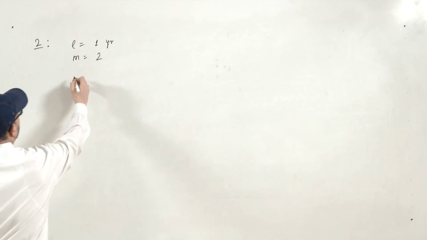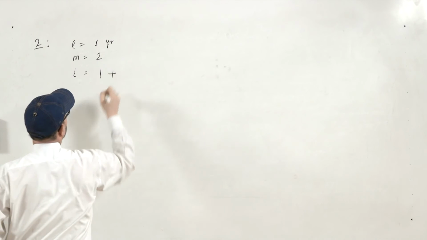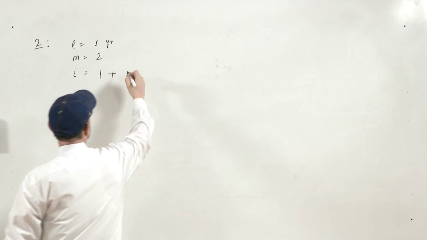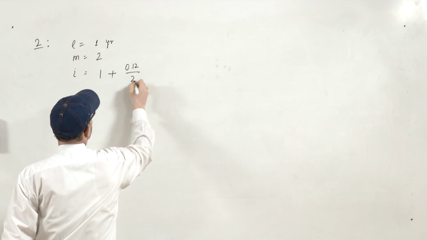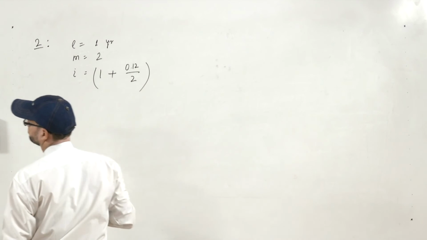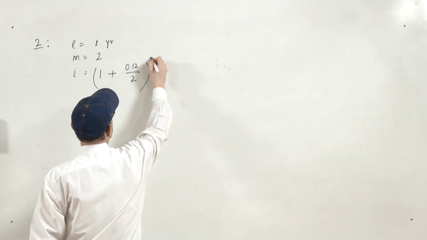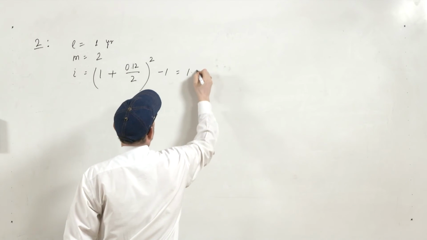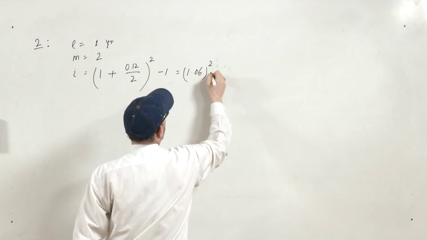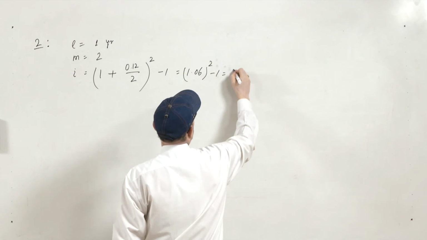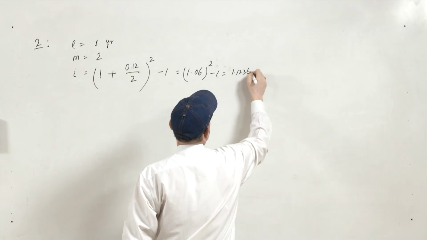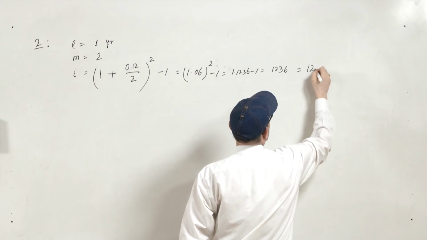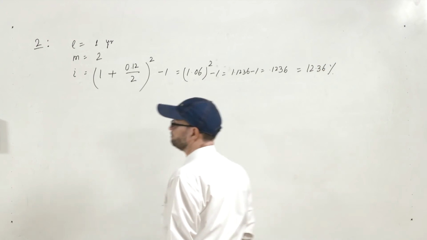So, the effective interest rate comes out to be 1 plus, since R is given as 12%, 0.12 by 2 raised to the power L into M, that is 2, minus 1. So, 1.06 raised to the power 2 minus 1, it is 1.1236 minus 1. So, 0.1236.